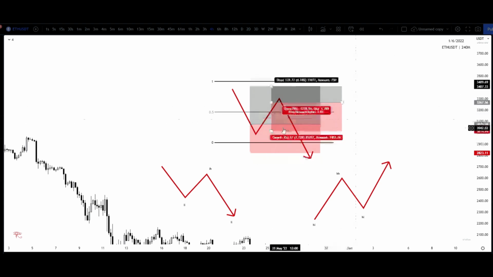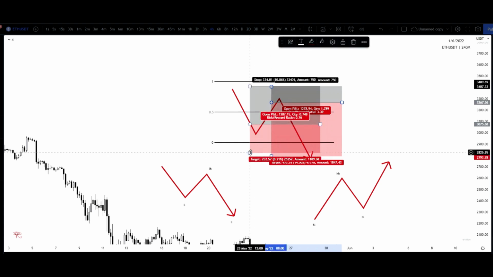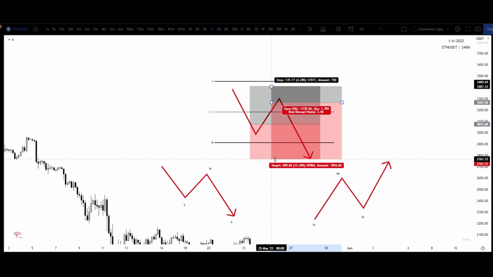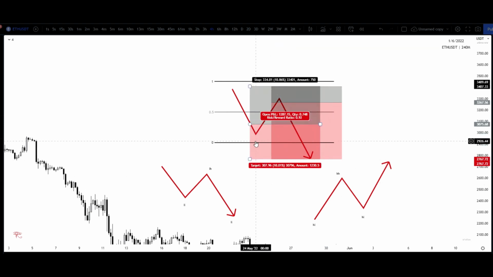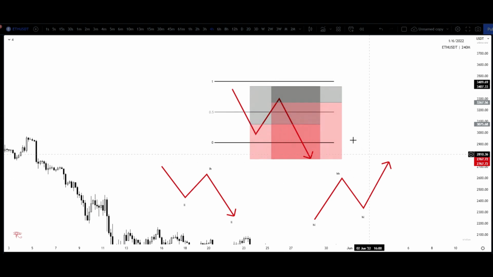Same exact scenario. For targeting, let's say there's a low down here. And now not even 1-to-1 R&R becomes a 3-to-1 R&R, and that's how we can minimize our risk.